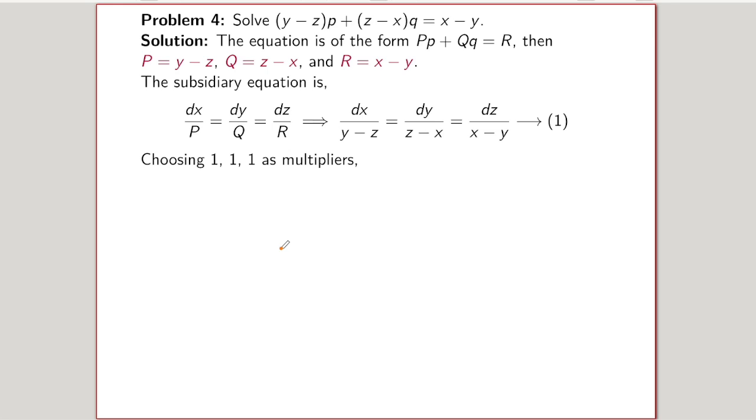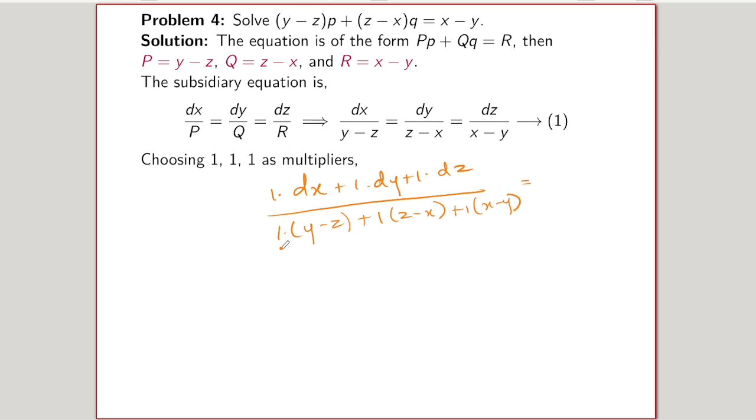So that each fraction in this equation will be equal to 1 into dx plus 1 into dy plus 1 into dz. So in the denominator, we can write 1 into y minus z plus 1 into z minus x plus 1 into x minus y.